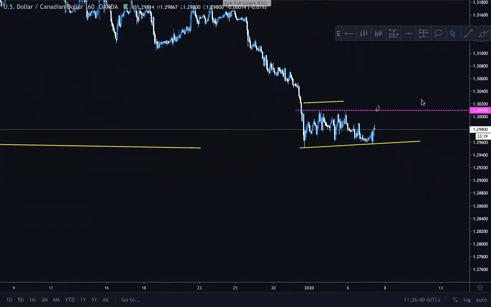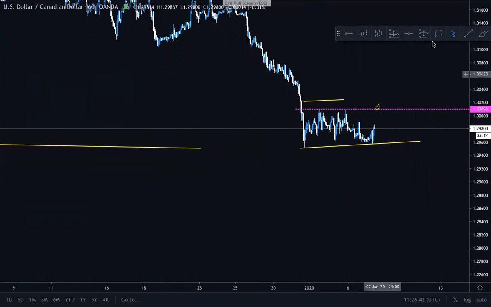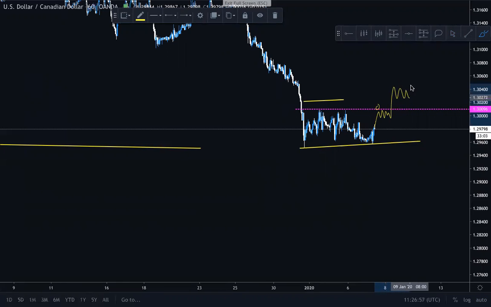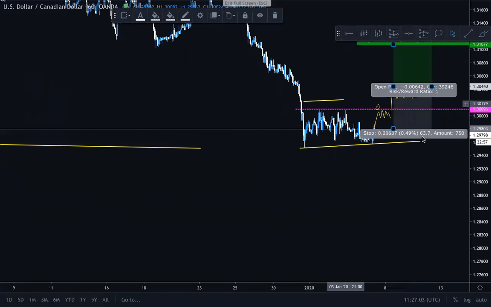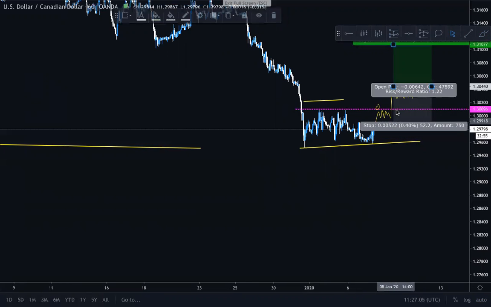And so with that, I want the market to show me its hand and show me that it wants to move higher, instead of me trying to just jump on the first buying opportunity. So even if we get this, I'll still be waiting for it to break above, and then the first tight correction or first larger, more defined correction. So this would be a valid area for me to enter for some buys.